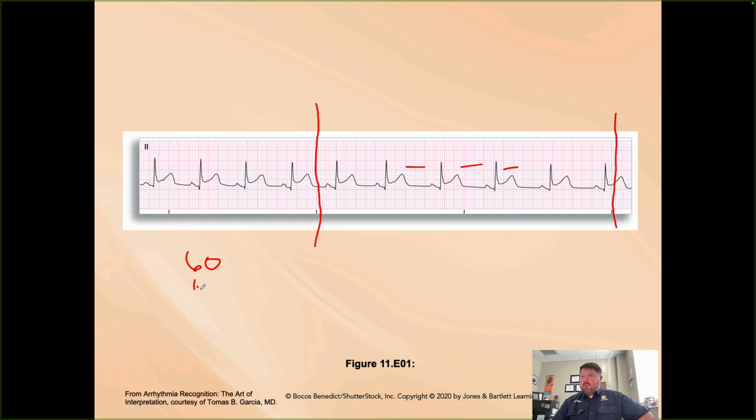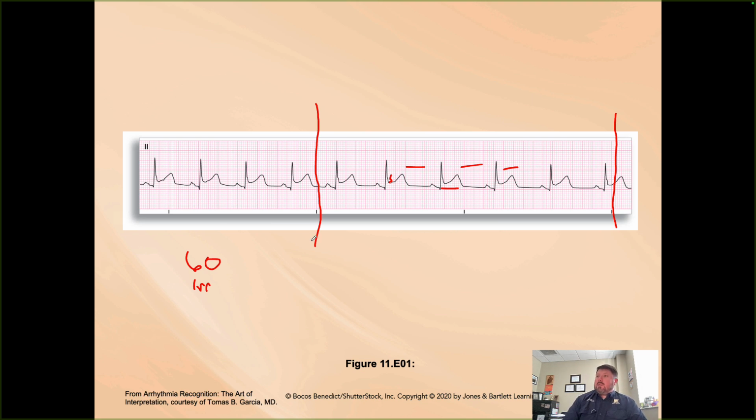So it is irregular. My P waves are good. They're sinus P waves. My PRI looks to be around 0.18 or so. My QRS length, even though again this is ST elevation, I would measure it to right there, so it's going to be about 0.08 or so.